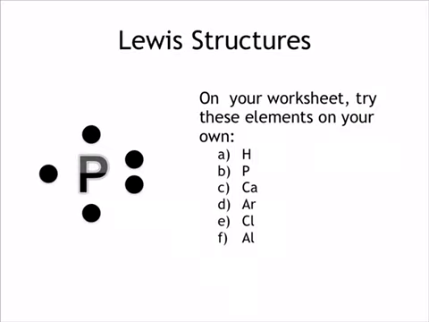So those dots are representative of those 5 valence electrons. Please note that what it's showing here is 2 paired electrons and 3 unpaired electrons.